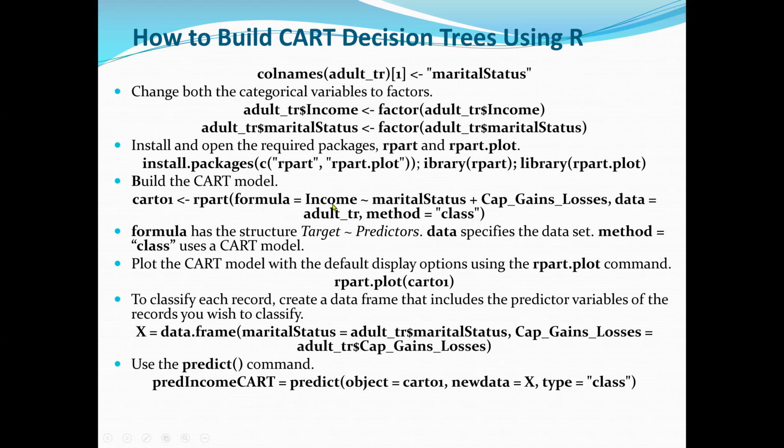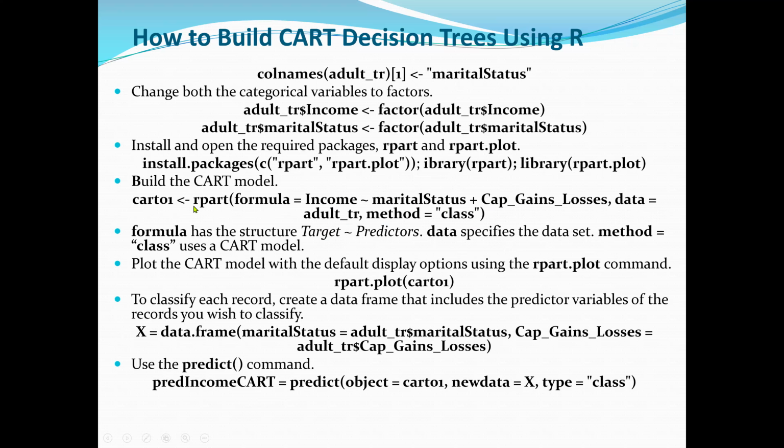Again, these are the variables in our data set. So the formula here, we say equal to income, tilde, marital status plus cap gains, losses, comma. This should be the formula. Then the data equal to, again, we are using the a.tr, and the method is class. So again, here we are building the model.